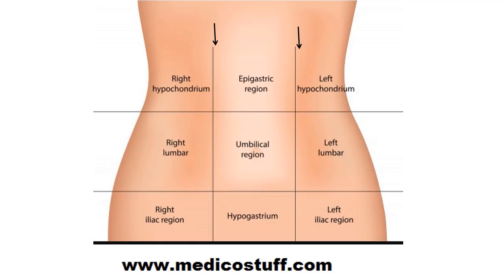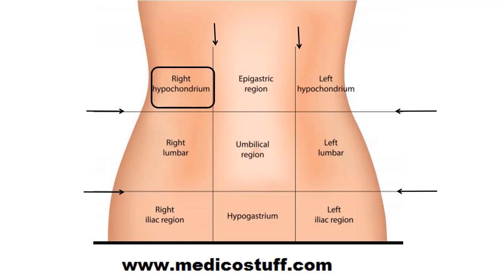These are 2 perpendicular lines, and then we have 2 horizontal lines, one going through the costal cartilages of the thorax, and the other one from one anterior superior iliac spine to the other. The result is 9 regions.